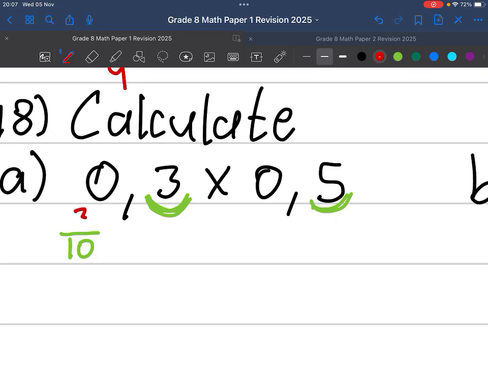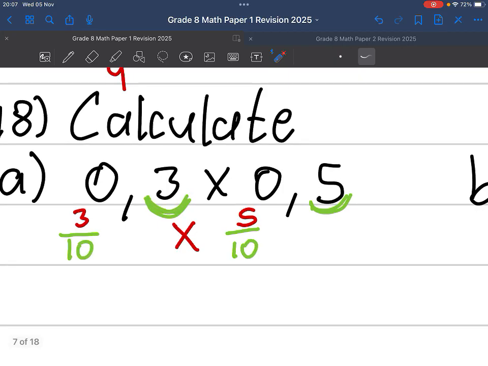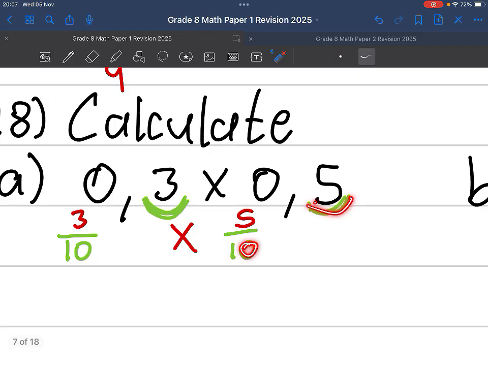So it's 3 over 10 times the next one, which is 5 with 1 decimal, so it's going to be over 10. So recap: 1 decimal, 1 zero. 2 decimals, 2 zeros. 1 decimal, 1 zero. And whatever this number is just goes on the top.